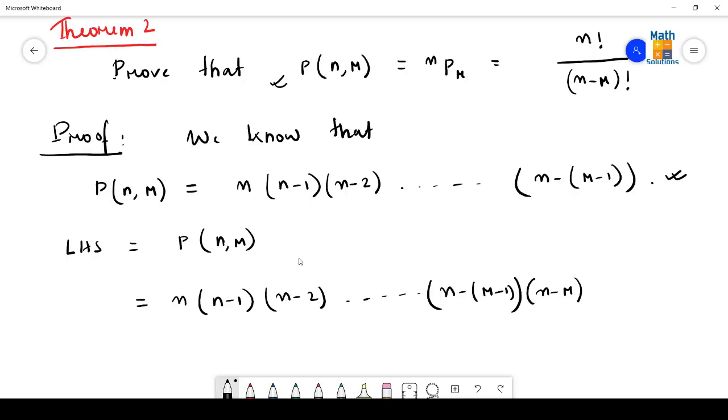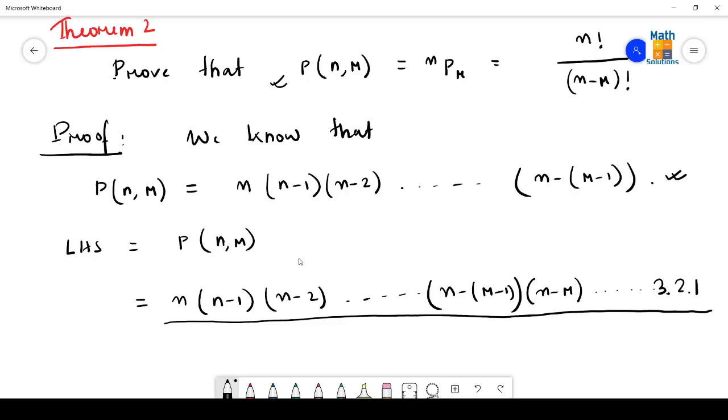Yes or no? After n minus r minus 1, n minus r, what term comes? Of course n minus r minus 1, then n minus r plus 1, and gradually we are going to get these terms. Now if I am putting these factors from my side, they have to be balanced in the denominator part also.